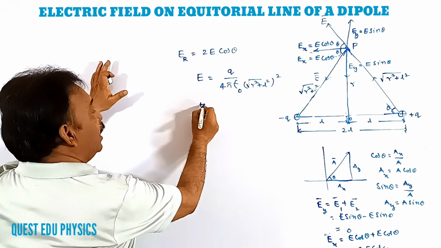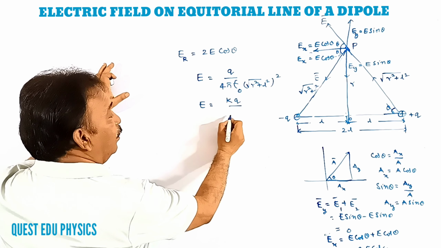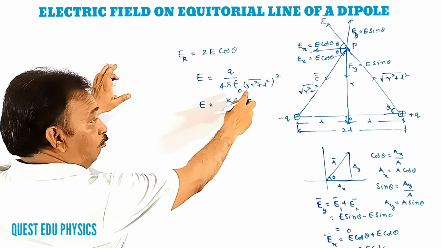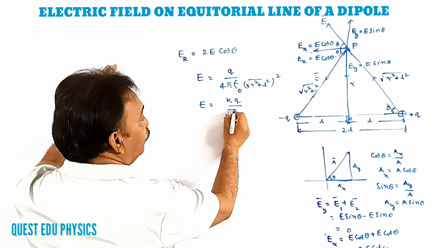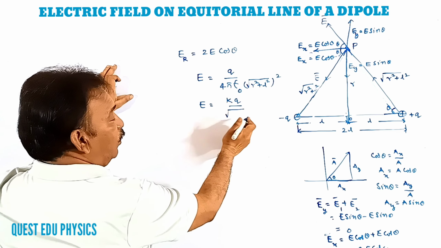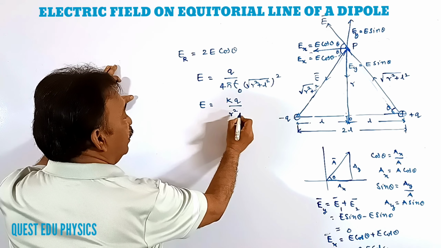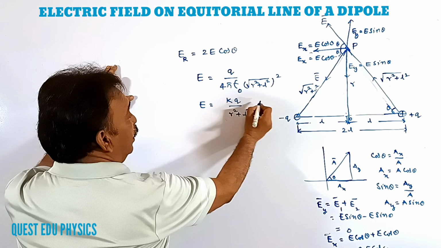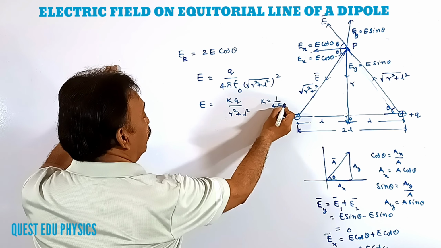Or it can be written as E is equal to KQ by root of r square whole square. Means what? We get it as r square plus L square. Here K is equal to 1 by 4 pi epsilon naught.